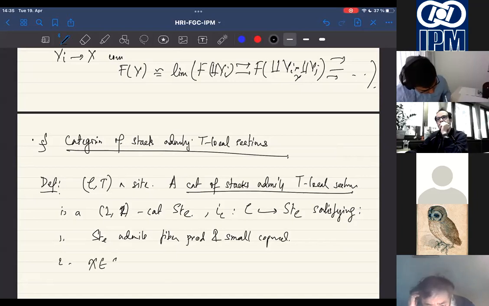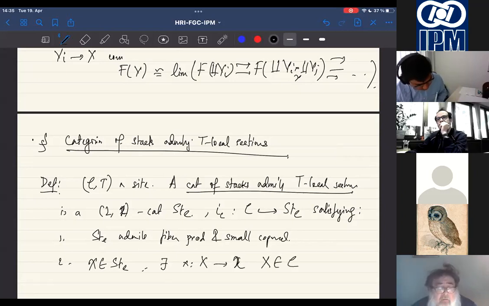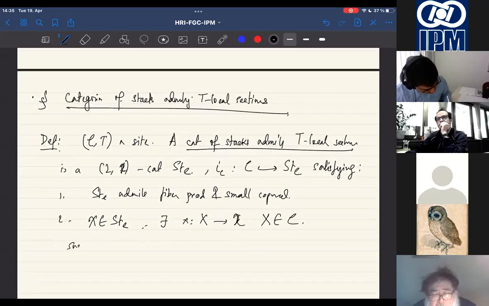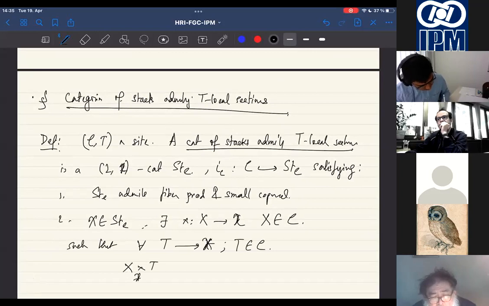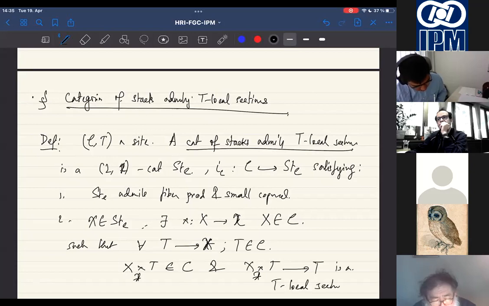Second, if I have any object X in STC, then there exists a morphism x to X, where x is in C, such that for all morphisms T to X, where T is in C, the fiber product is in C, and the base change morphism to T is a τ local section.